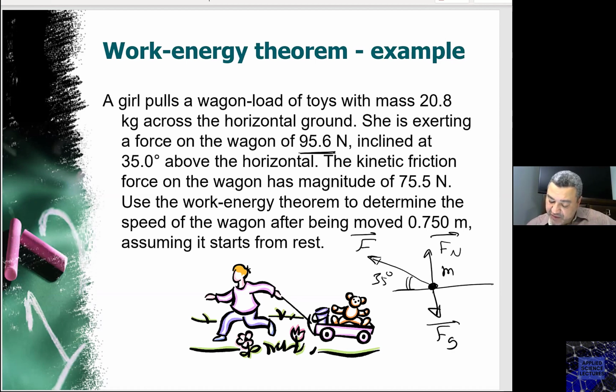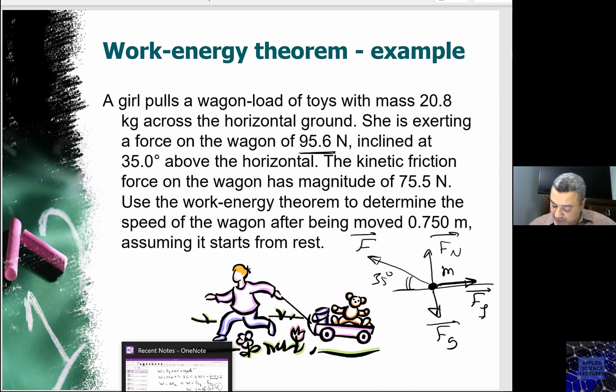The kinetic friction force on the wagon has magnitude of 75.5 Newton. Use the work energy theorem to determine the speed of the wagon after being moved 0.75 meter, assuming it starts from rest. Okay, so what do we know?